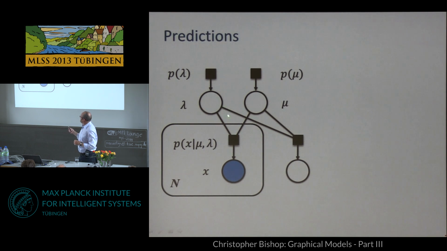Likewise, after I've seen millions of data points, lambda has become a distribution that's also extremely narrow. And it's centered on the precision, the reciprocal of the empirical variance of the measured data points. So it's just your intuition.